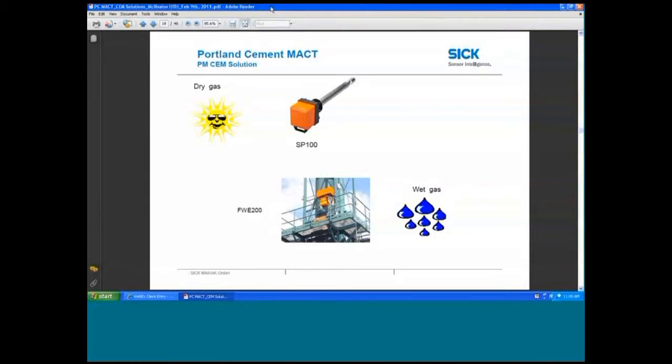So for dry gases, we use what we call our SP100, which is a scattered light device. It's a probe version, mounts from one side, and allows the user to get accurate PM SEMS data off of existing flanges. For wet gas, we use what we call our FWE200. It's a bypass system. We'll get into details on both of these in the next couple slides.